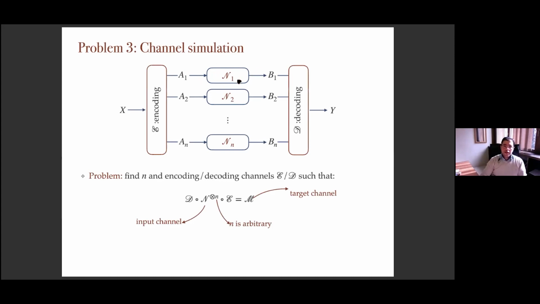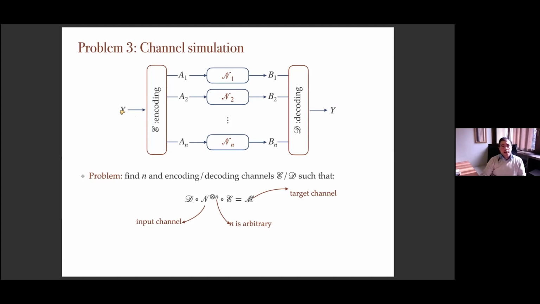As before, this is my source channel, this N, and I'm assuming that instead of one copy of the channel, I can use the channel as many times as I want. So this little n is the number of channels. Now think of Alice wanting to send some message to Bob. Bob is here and Alice is here. The message is X. Again, the message could be classical or quantum.